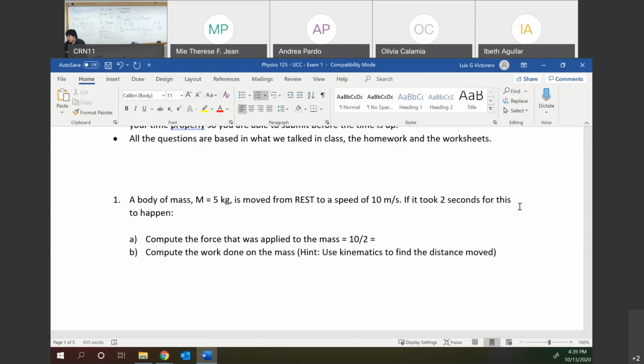Because normally, 90% of the time, the information that they give you, you need it. So you didn't use the time, so there was something wrong, right? But you needed it to find the acceleration, and then the force was 25, because that was the acceleration.